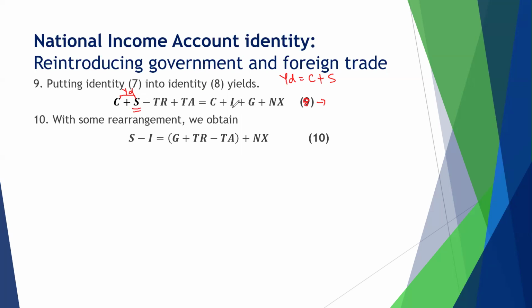If we transfer investment to the other side, of course, it will become negative. The negative TR will be transferred to the other side and become positive. The TA will also be transferred to the other side and become negative.